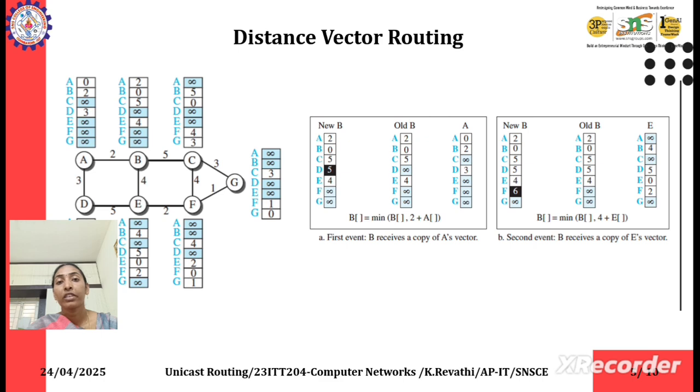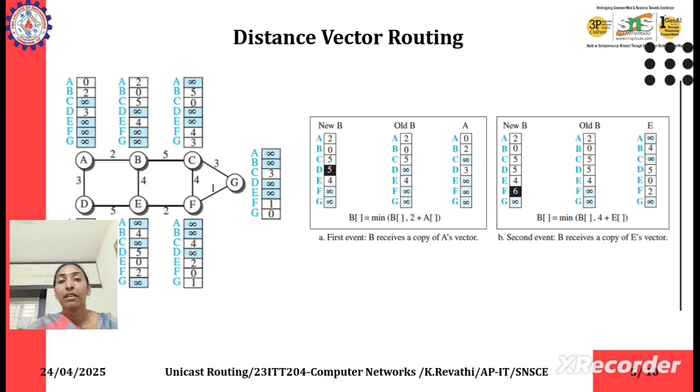A's immediate neighbors are B and D, so the distances are denoted directly in the routing table, and there is no direct link to the other nodes in the network, which is denoted as infinity.